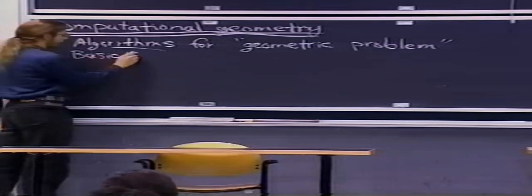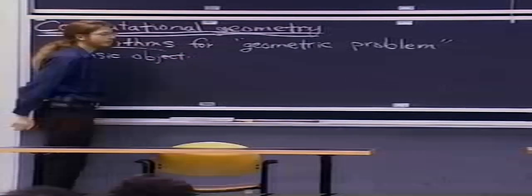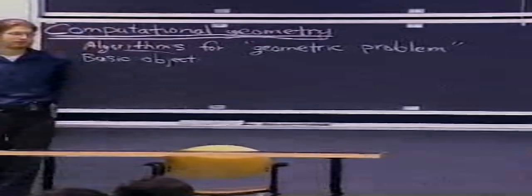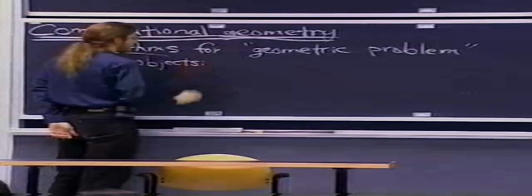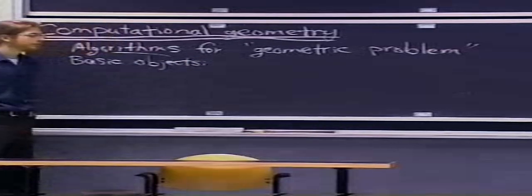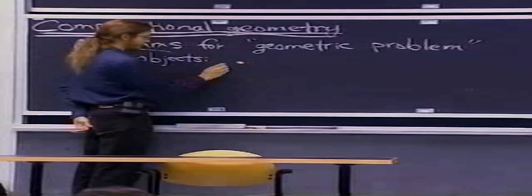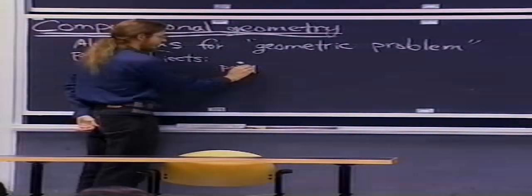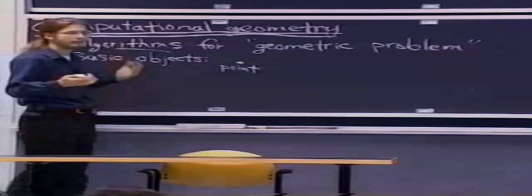Before we jump into that, I want to give you a very simple picture of computational geometry. What sort of structures you might be interested in. Maybe the simplest geometric object is a point. Hope you all agree. Point here, it's on the plane, but it could be in some other dimension.